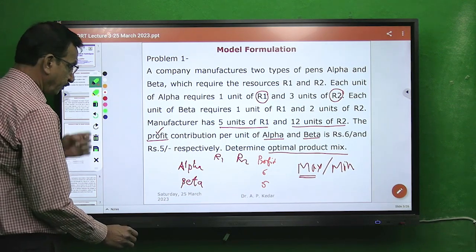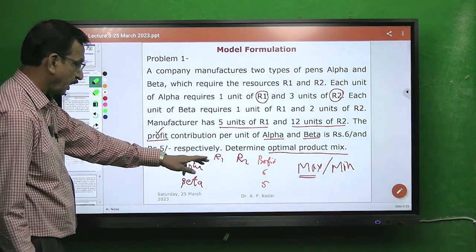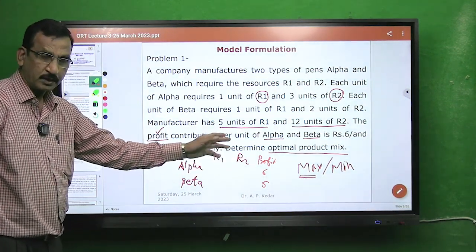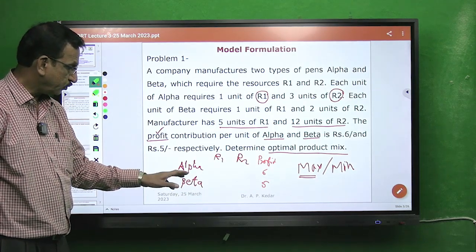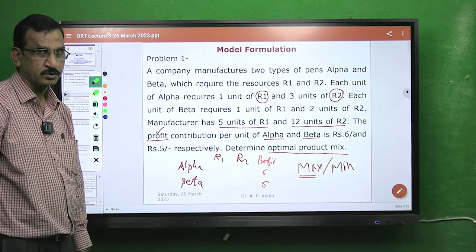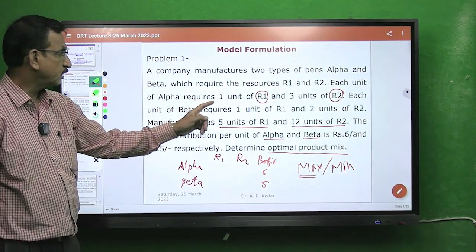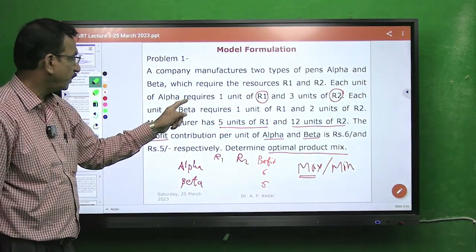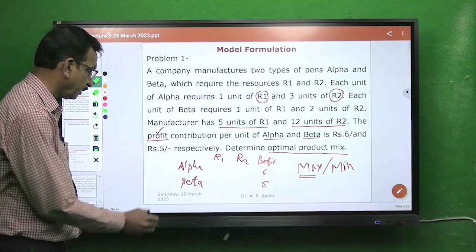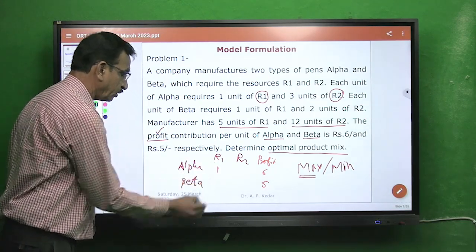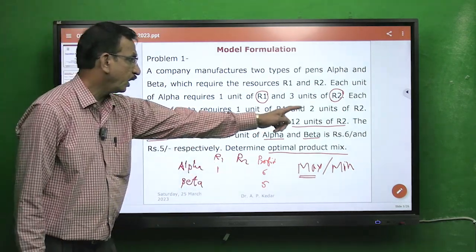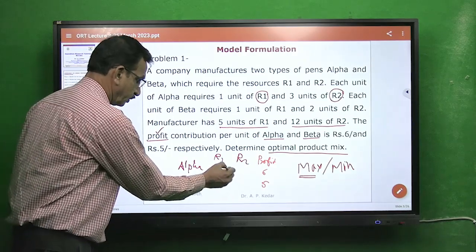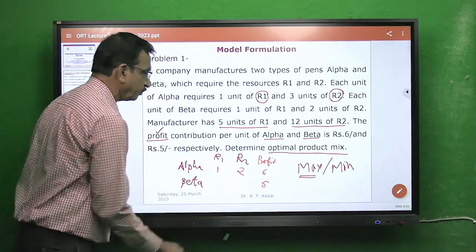We have to be very careful with the resources R1 and R2 and how these pens are using them. If you read it carefully, each unit of alpha requires 1 unit of R1 and 2 units of R2.